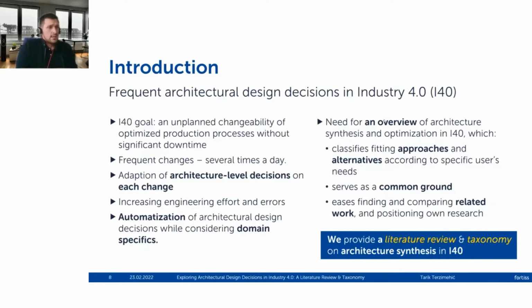And last but not least is the possibility for young researchers and PhD students. This overview would maybe make it easier to find research work, and also to position their own research work, so in which area it belongs. So that's why we provide a literature review and taxonomy on architecture synthesis and optimization in Industry 4.0.